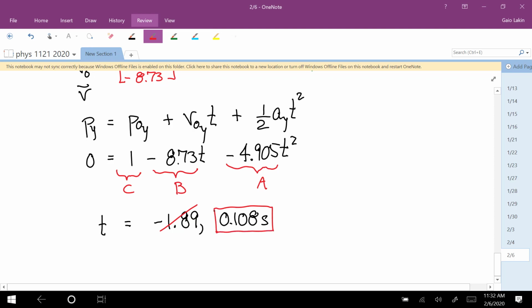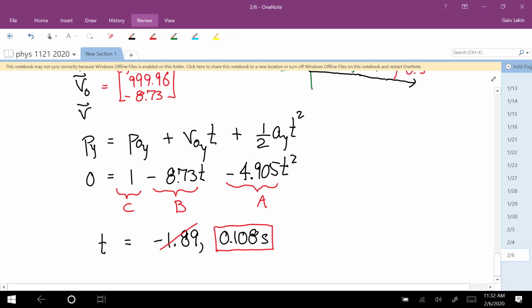So having the muzzle of this gun misaligned by 1/2 degree, which is a really tiny angle, changed the amount of time it took for this to hit the ground from 0.452 seconds to 0.108 seconds. Okay, it took a quarter of the time. But you can always think of the components of these equations as one-dimensional problems.